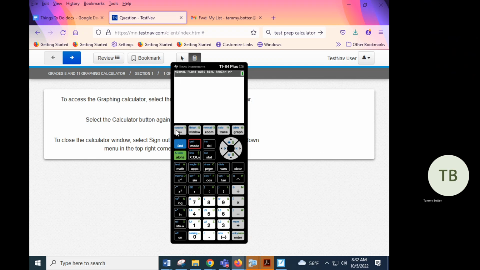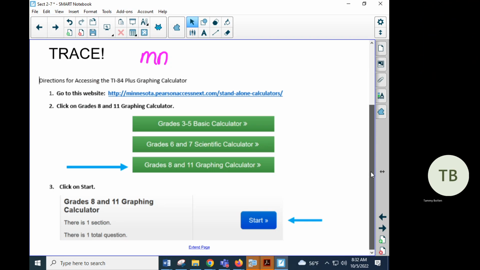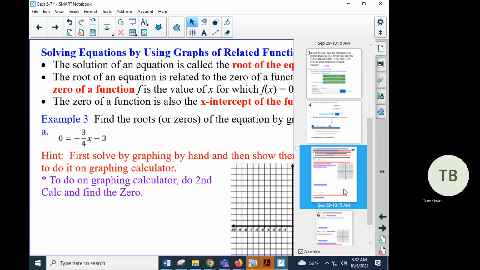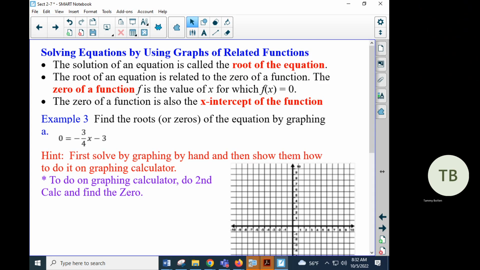Okay. So what we're going to use this for today is we are going to type some things into our calculator and use that calculator to find the x-intercept and, if they ask us for it, the y-intercept. So leave that up on your MacBook if you don't have a graphing calculator, and we'll go back to that. Okay, so let's go to this page right here.